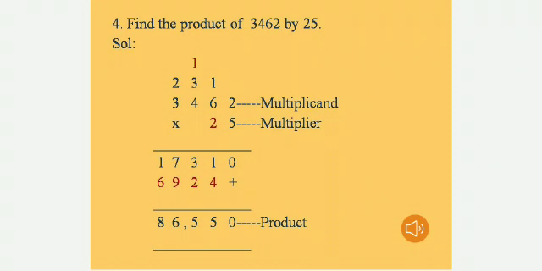So for the tens position, what I multiplied, I kept the carry and the result in red color, and we have to add both of them. 0 plus nothing, so 0 down. 1 plus 4 will be 5, 3 plus 2 will be 5, 7 plus 9 will be 16, 6 here and 1 carry, 6 plus 1 is 7, plus that carry 1, it will become 8. So the overall product when we multiply 3462 and 25 is 86,550.